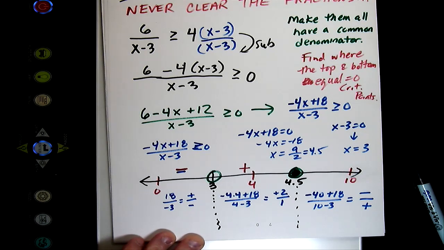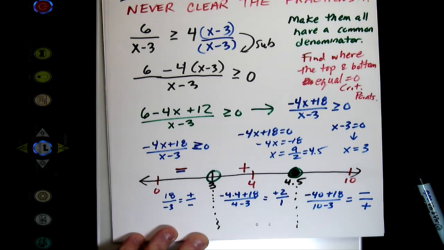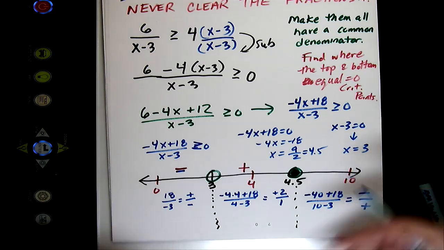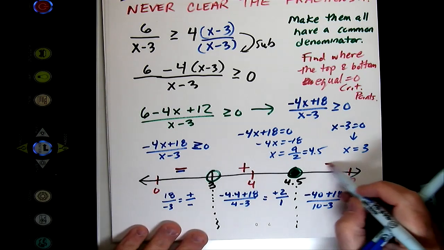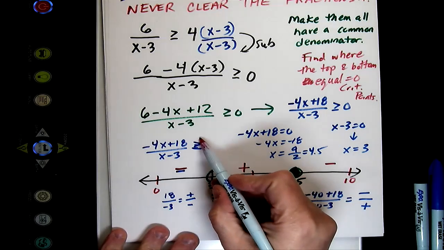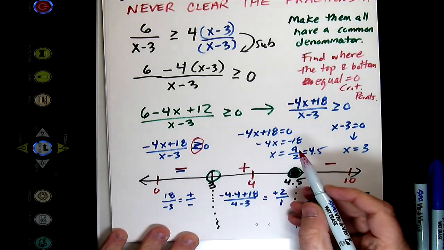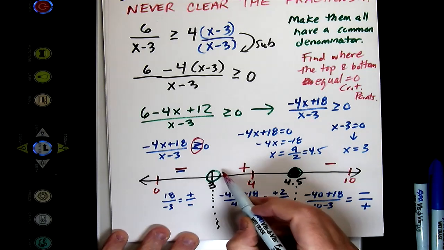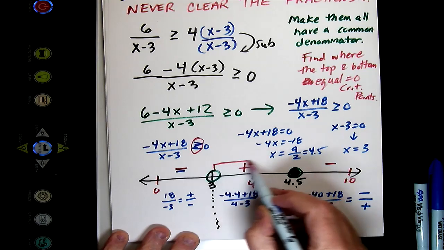Same with the bottom. 10 is positive, 3 is negative, so the bigger number says the sign. A negative and a positive just make a single negative. What I was looking for in these regions was the positive value. So I want this region right here.